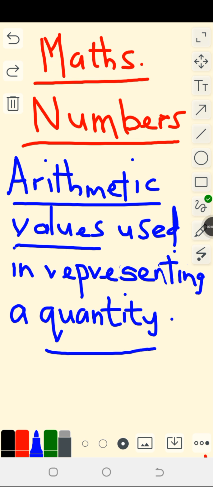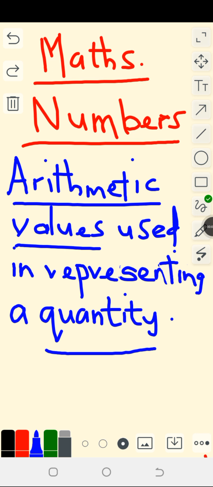And arithmetic as a word in math means that maybe, after adding or subtracting, multiplying or dividing, obtaining the square, obtaining the square root, obtaining the cube root, and so on and so forth.